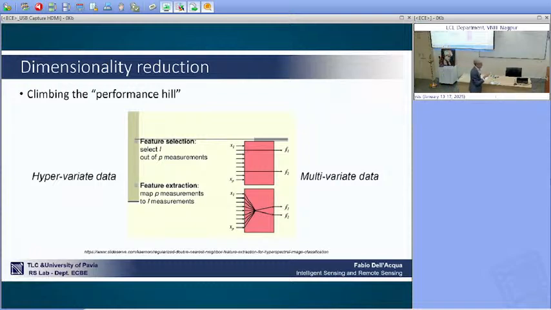So if you think of it, this makes sense because you know the information is there. It has been collected. You just have to somehow make the bandwagon less crowded by throwing off those who don't serve any purpose. So the idea is you don't know in advance where the information that you're looking for is sitting in these many bands. You just know that blindly you have collected it.